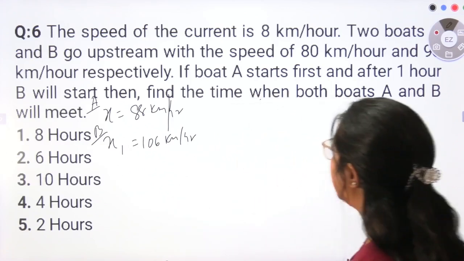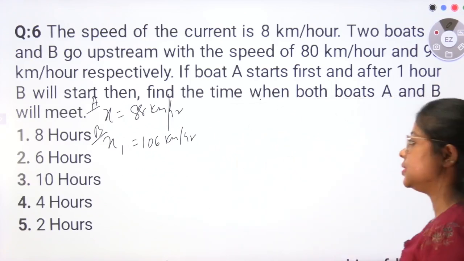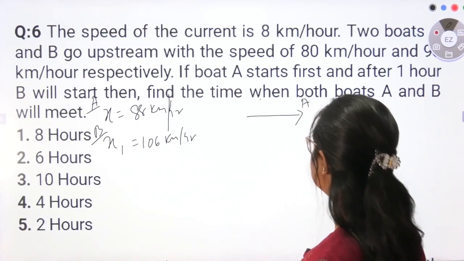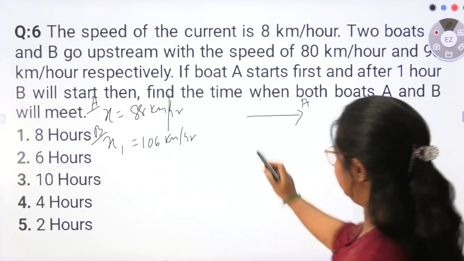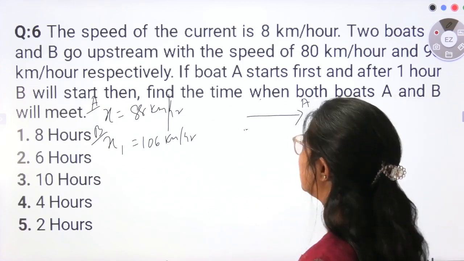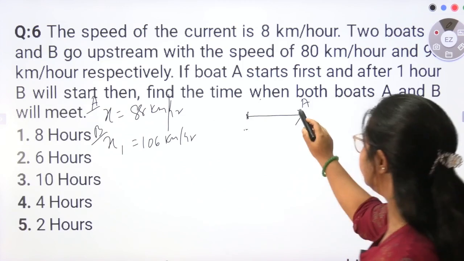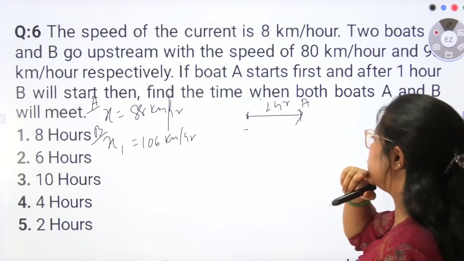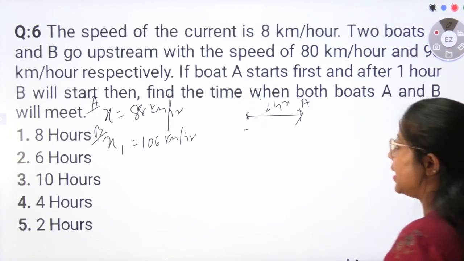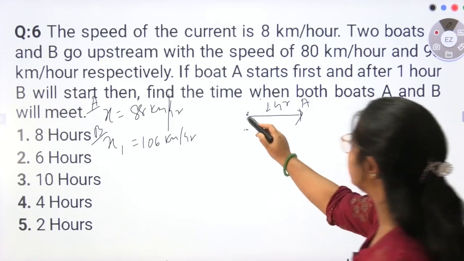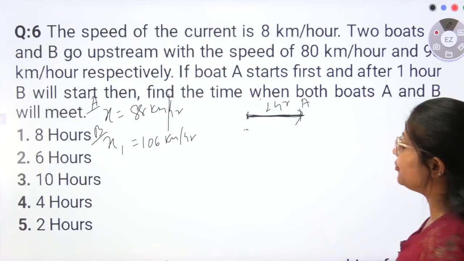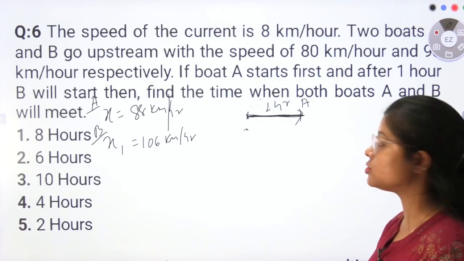After that, boat A starts first, and after 1 hour who starts? The time taken from here to here is 1 hour, and after that 1 hour the boat B will start. That means A has already traveled this much distance within 1 hour, and B has not started yet.